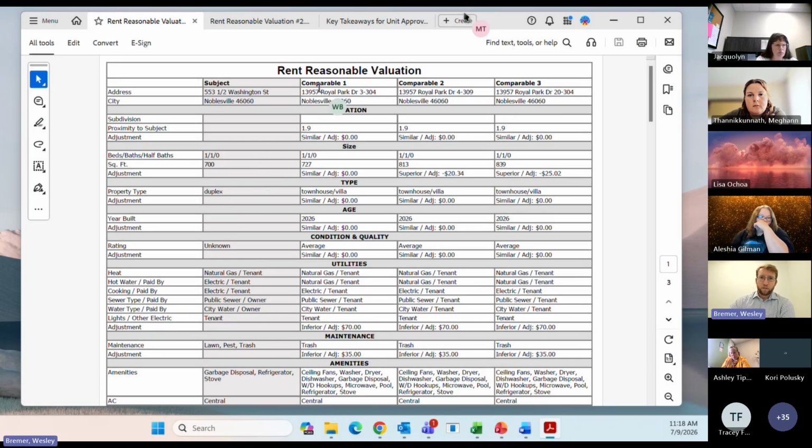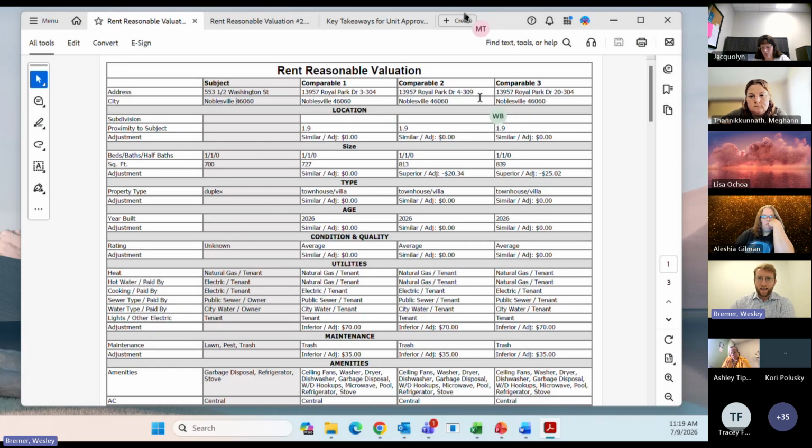And the first 3 comparables that affordablehousing.com took were new construction, 2026 here, and they were townhouse villas as opposed to duplexes. And I know this area, it's close to State Road 37, where it meets Greenfield Boulevard. I know it's a nice area.